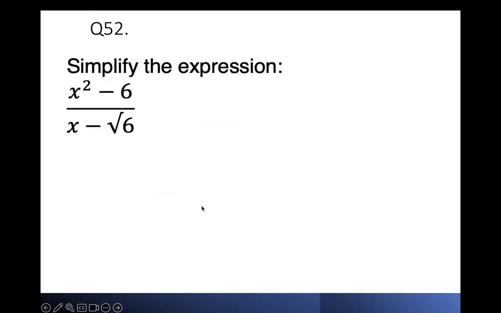This is also a simple expression that when you see it, it should come into your mind. When you see radicals, clear the radicals. How do you clear the radical? If it's a minus something, just add plus. That's all. So x squared minus 6 is going to be multiplied by x plus square root of 6.